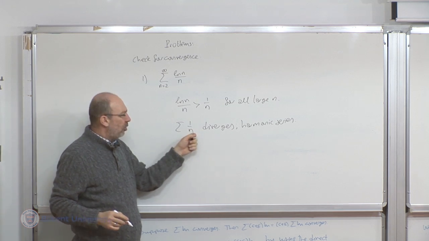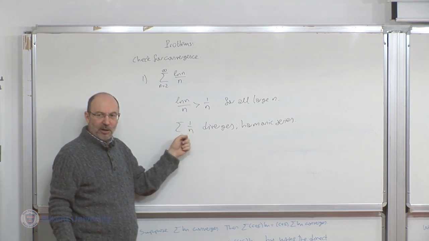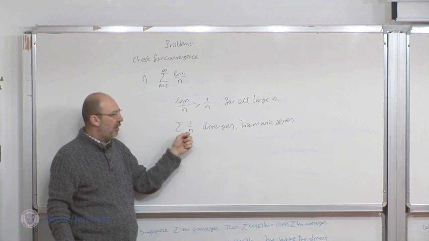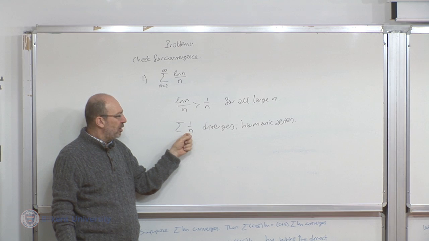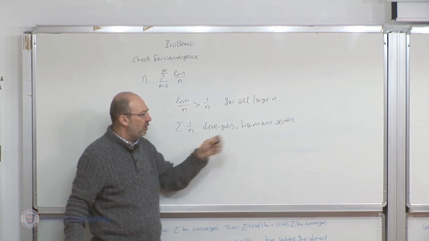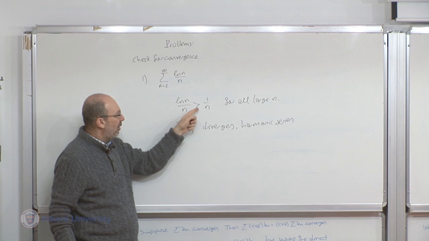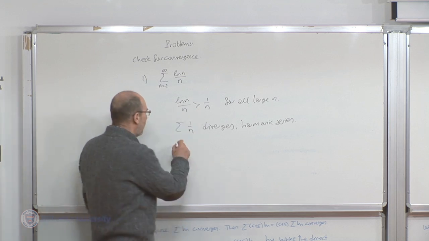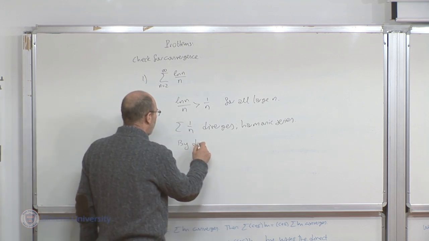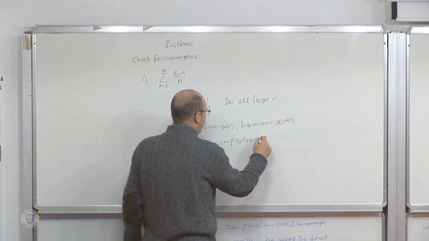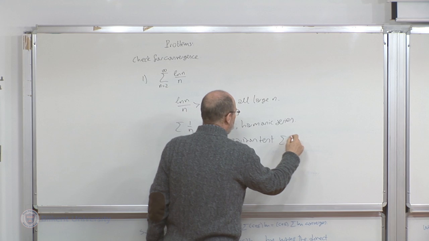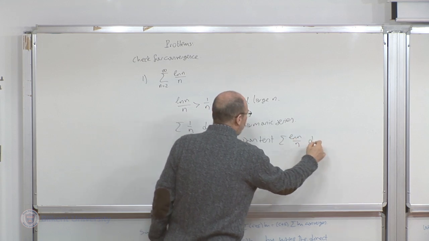So now you don't have to convince anybody by giving different proofs that this diverges. When you say summation 1 over n diverges because it's the harmonic series, it's done. Now by the direct comparison test, summation ln n over n diverges.